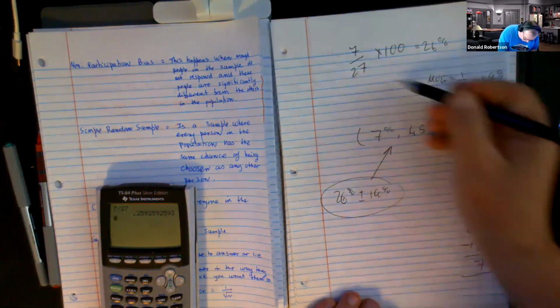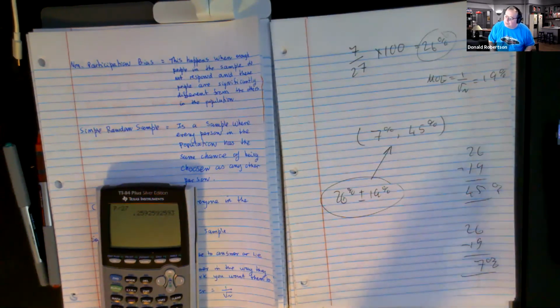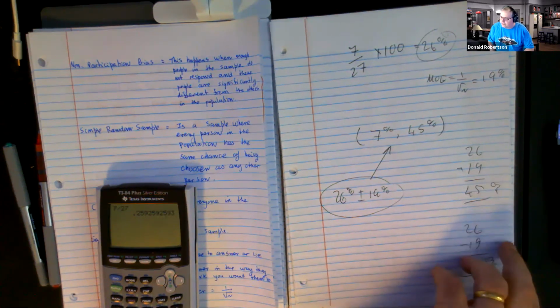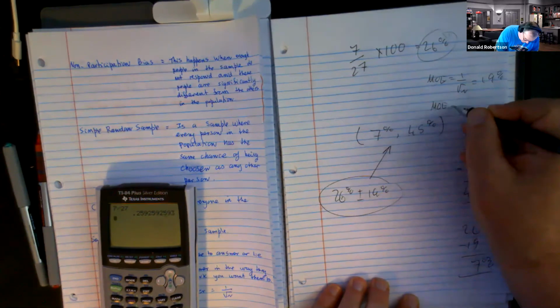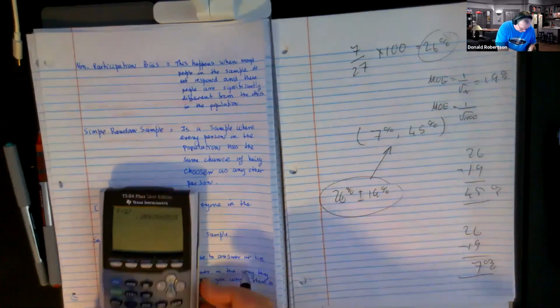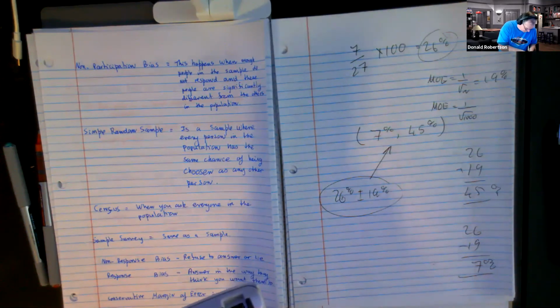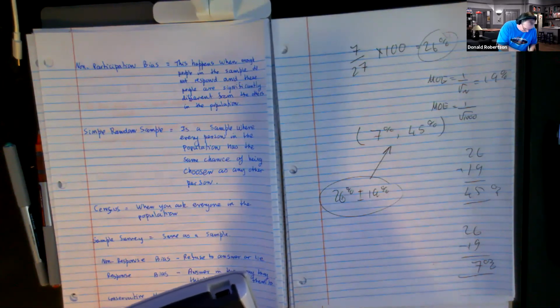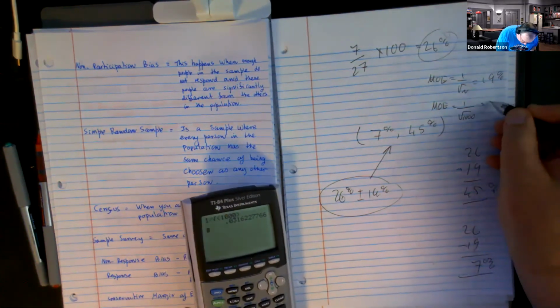Imagine that I got this 26%, but I got it by asking 1,000 OC students. Then wouldn't my conservative margin of error be 1 over the square root of 1,000? And in that case, the answer would be about 3%.